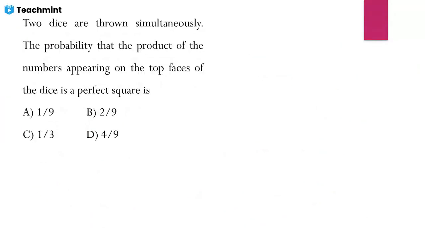So this next question. Two dice are thrown simultaneously. When two dice are thrown simultaneously, total is nothing but 6 into 6, 36. What is the total also we know? On top of the dice, for example, in die 1, top of the dice is showing 1. Second die also showing 1.